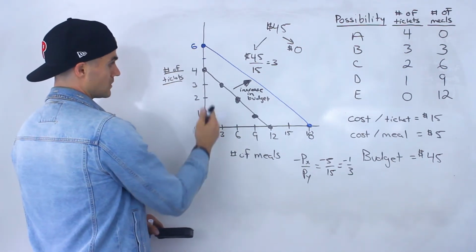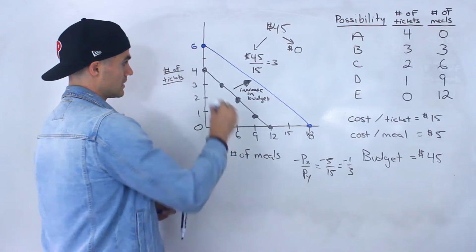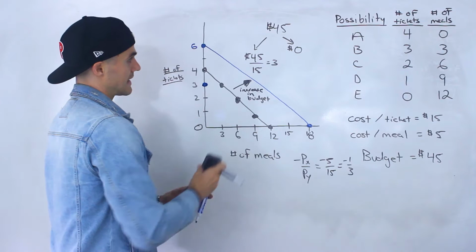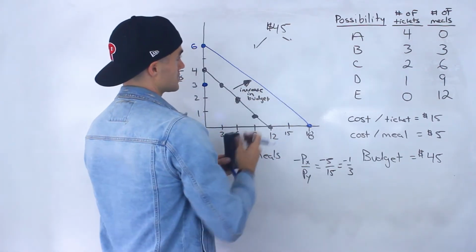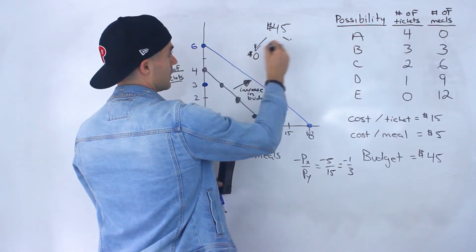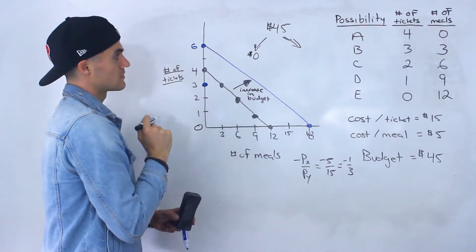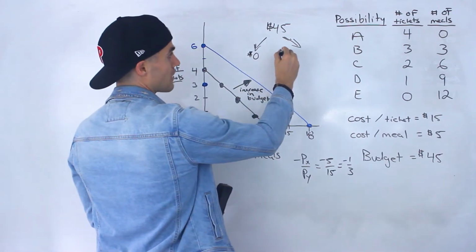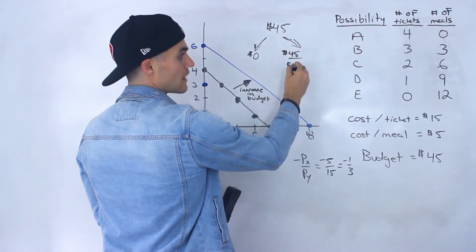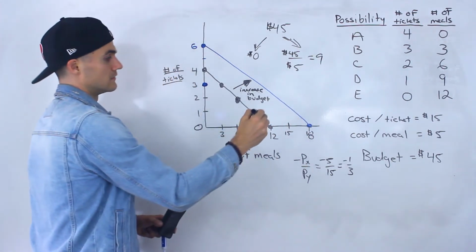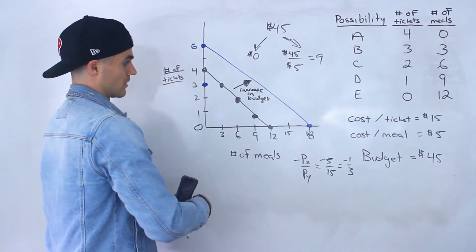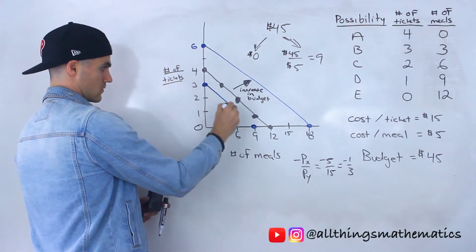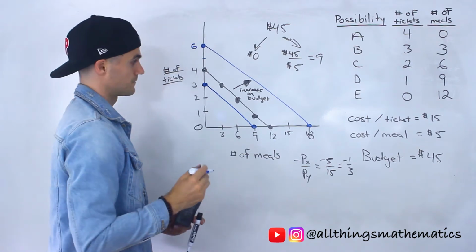So if I buy 0 meals, I could now buy 3 movie tickets. And let's say that I spend $0 on movie tickets. How many meals can I buy with the 45? So we would do 45 divided by 5, we would get 9, which would be over here. Okay, so now the line looks like that.